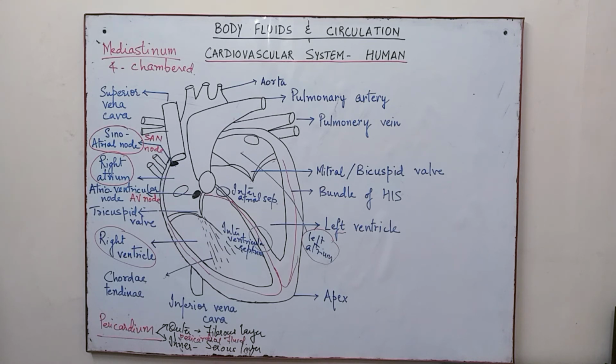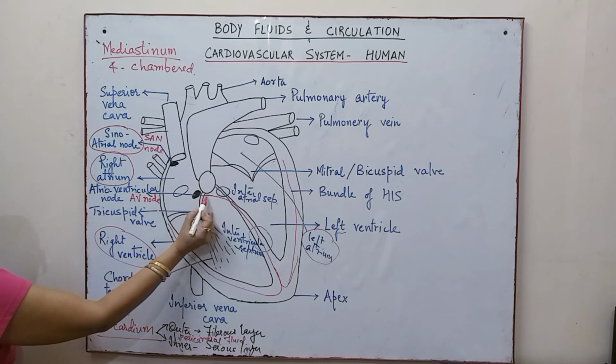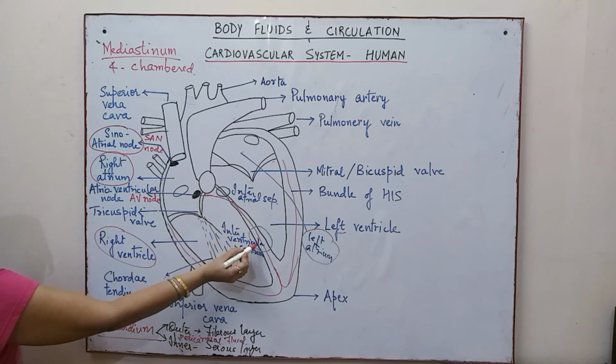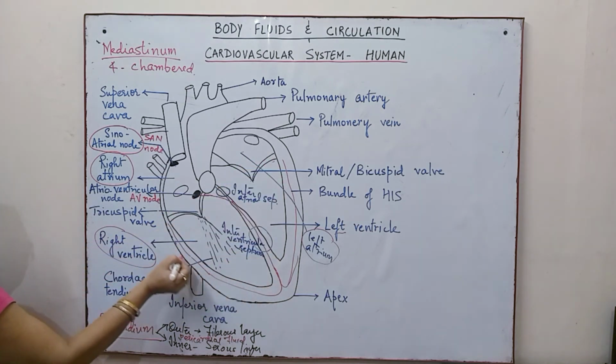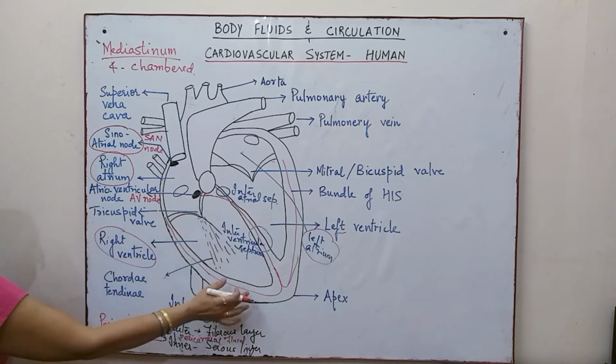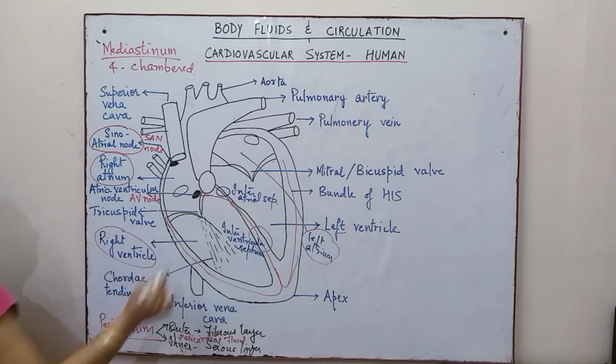Now a bundle of nodal fibers, the AVN bundle, as we call it, passes through the atrioventricular septum and reaches at the end. So over here you can see, from here the bundle passes through the atrioventricular septum and then divides and reaches the two sides of the ventricles.